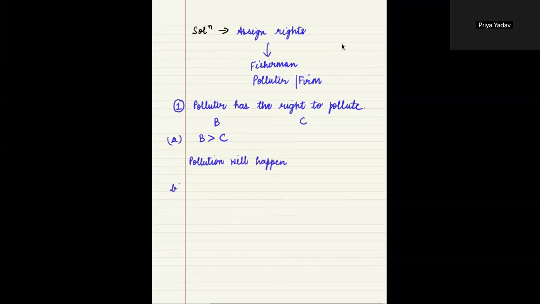Now, the second case is when the cost of pollution to the fisherman, C, is greater than the benefit B that the polluter gets.